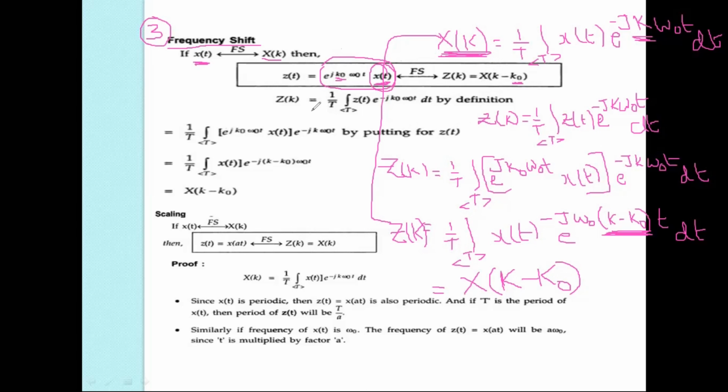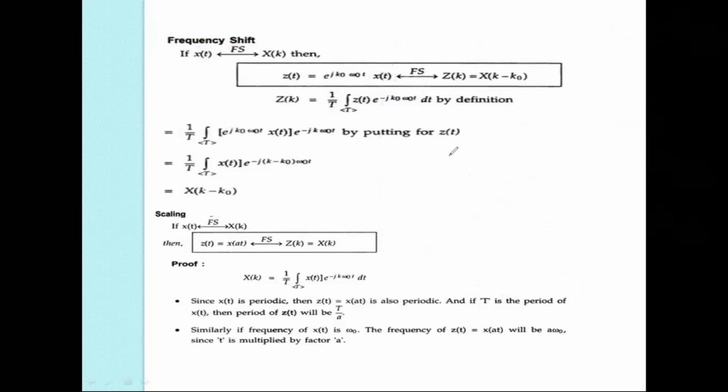Understood? Once again, I will explain clearly. You see what I am saying, the time shift. In the time shift property, that is x of t minus t naught, there is a shifting in the time with the t naught samples.